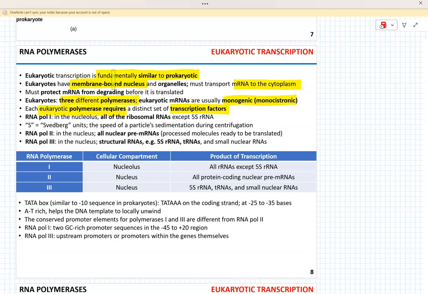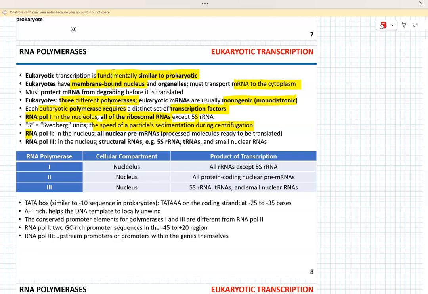So 3 RNA polymerases are different due to their function. RNA polymerase 1 sits in the nucleolus where it synthesizes all of the ribosomal RNAs except 5S ribosomal RNA. The letter S, in this case, is the unit that describes how fast a particle precipitates during the process of centrifugation. This unit is called Svedberg.